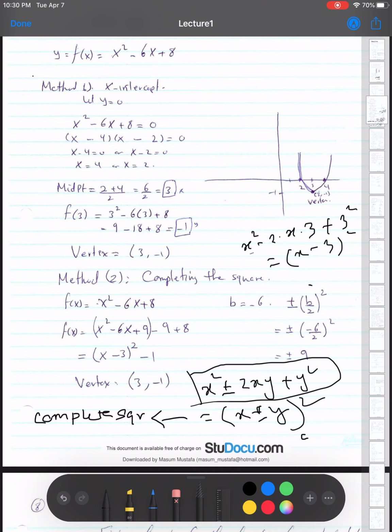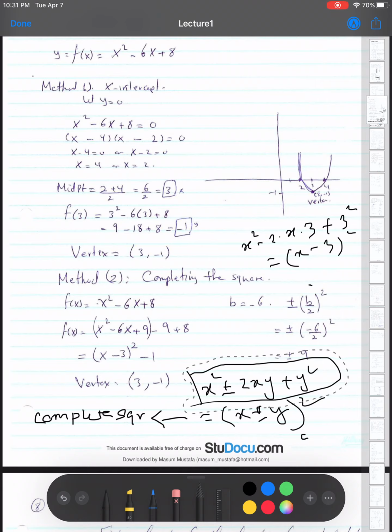So x squared is good, x squared is x squared. Then in the formula we have 2xy, so minus 2xy, and this is 6x because we cannot change the function, so we have to multiply by 3 to make it 6x. Obviously, if we multiply by 3, that means 3 is our y. So if 3 is our y, then y squared is going to be 3 squared.